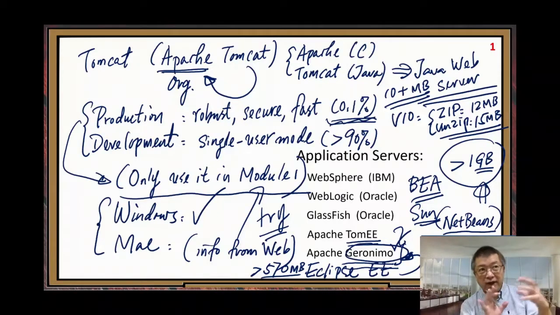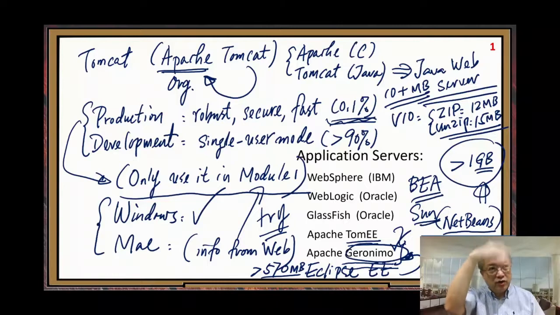You can connect easily because Eclipse has its support. In the server supporting list, you can see Tomcat, then Geronimo.